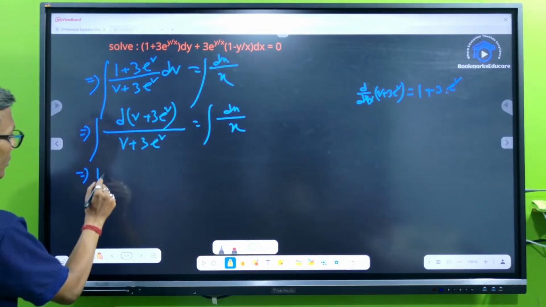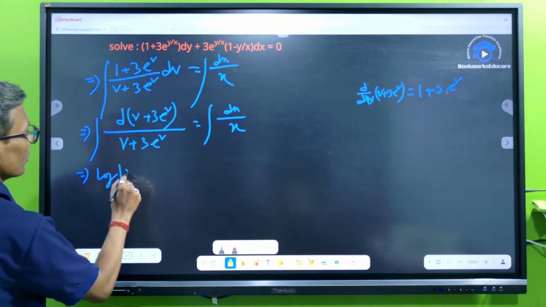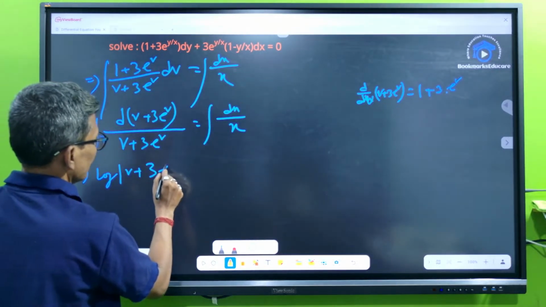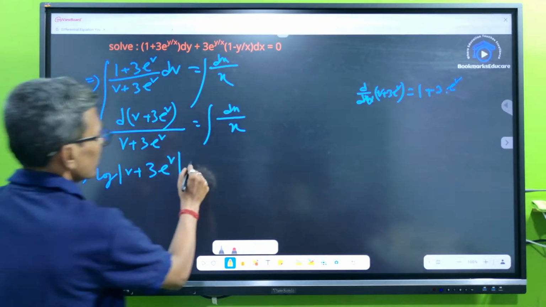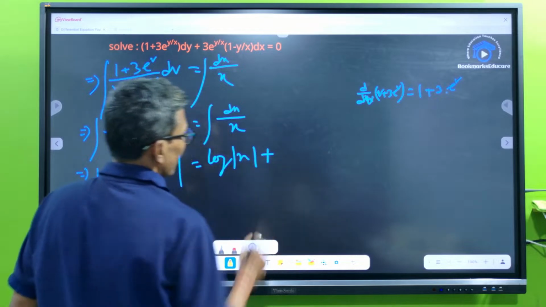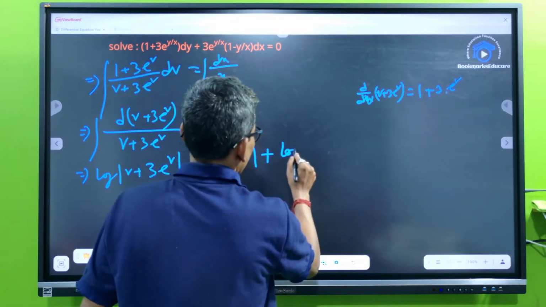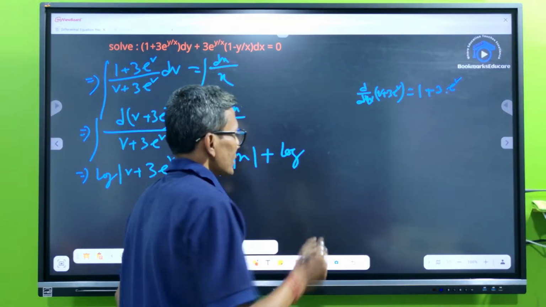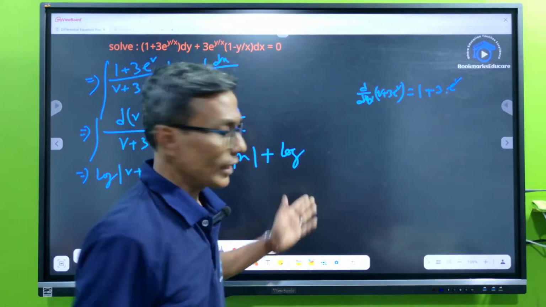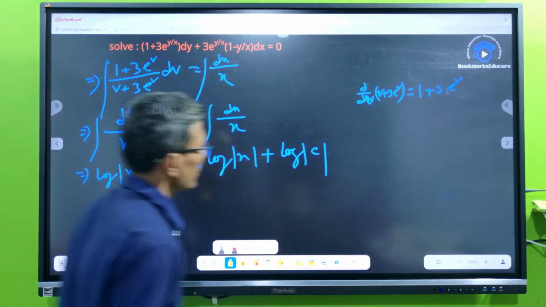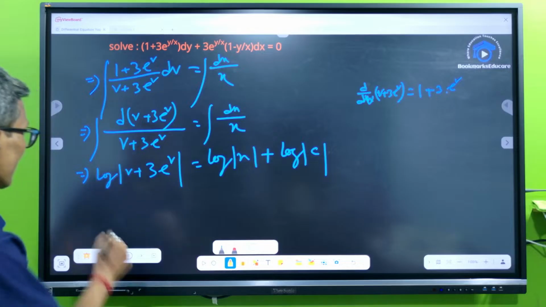So this means log of mod (v + 3e^v) is equal to log of mod x plus an integral constant. I can take any integral constant, that is log of mod c.